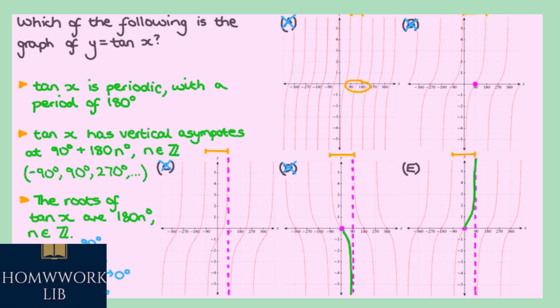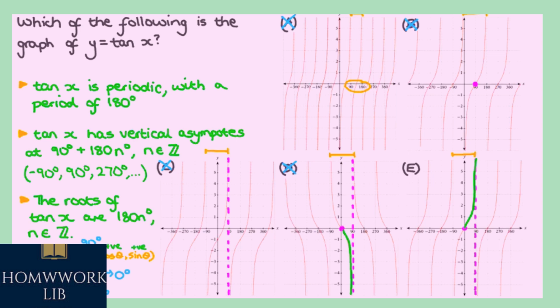We can remind ourselves why tangent is positive in the first quadrant if we recall that the coordinates of any point on the unit circle are (cos theta, sin theta), where theta is the counterclockwise angle between the positive x-axis and the radius connecting that point to the origin.